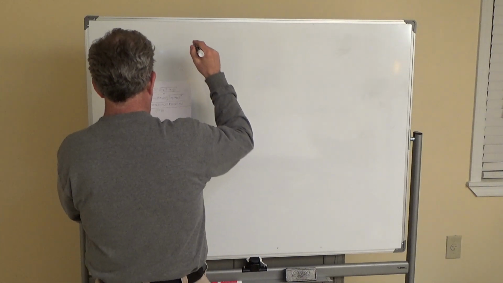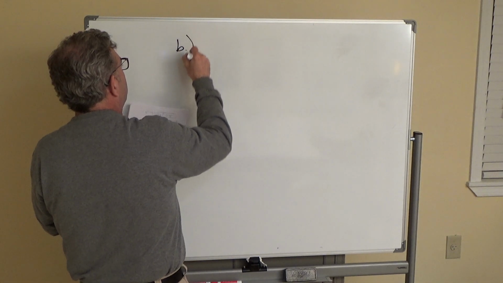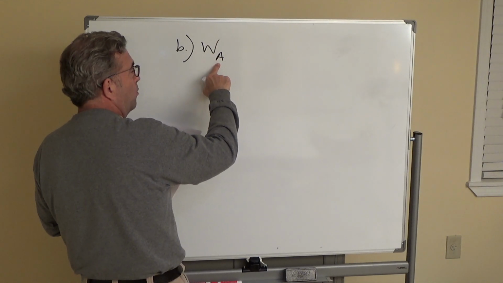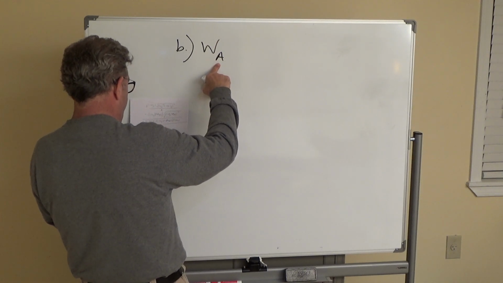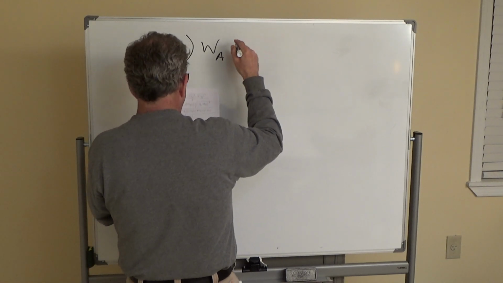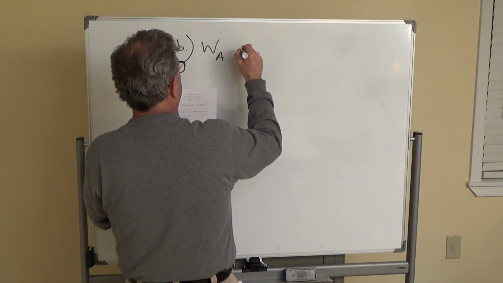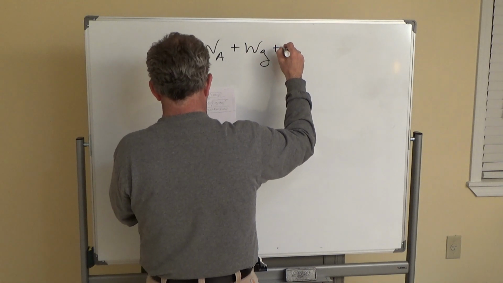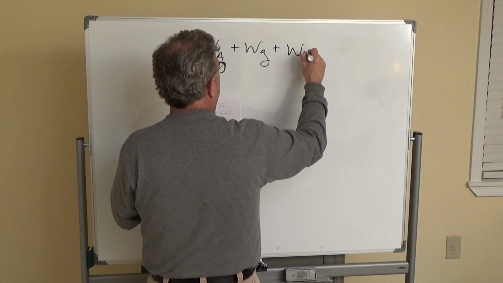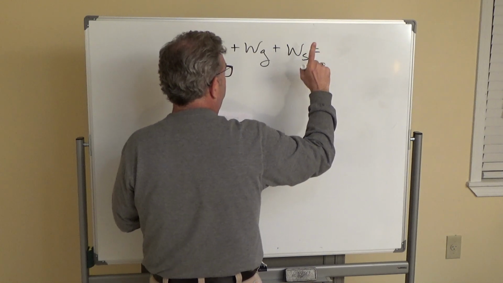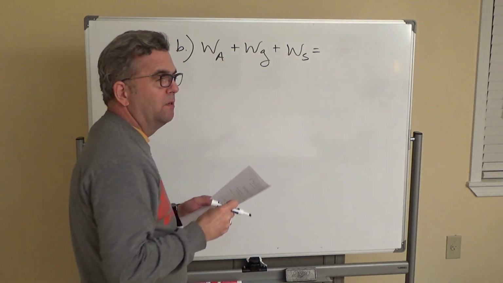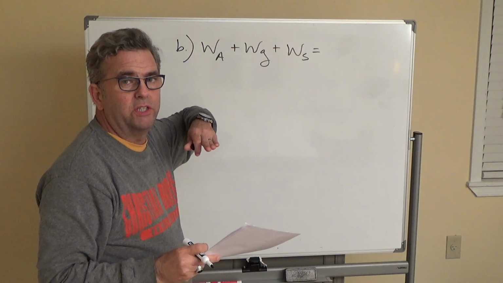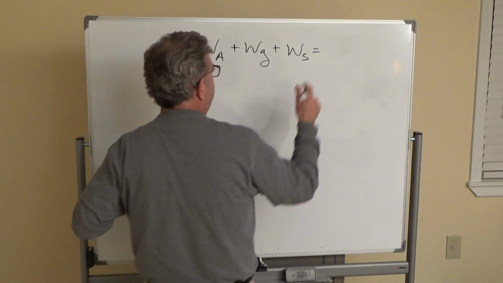So for part B, I'm going to call this WA for air drag, I guess, plus the work done by gravity, plus the work done by the spring is equal to the change in kinetic energy. Well, it goes from 0 kinetic energy to 0 kinetic energy. This is 0.